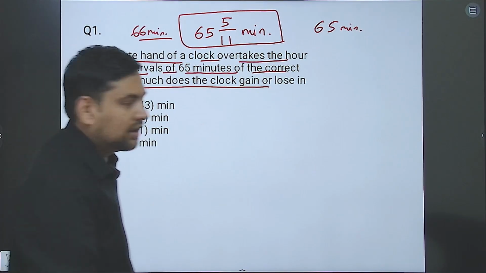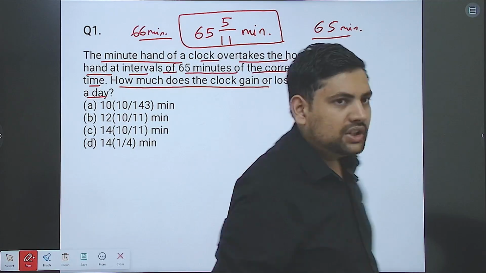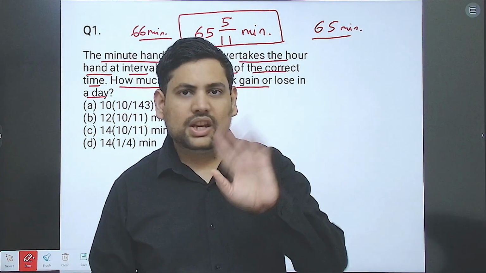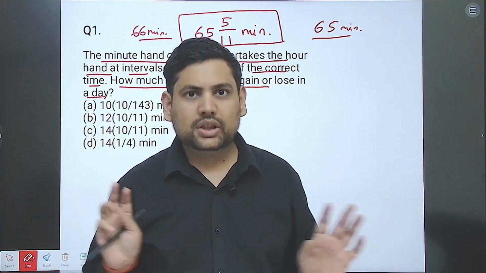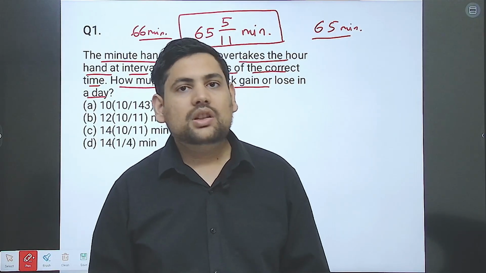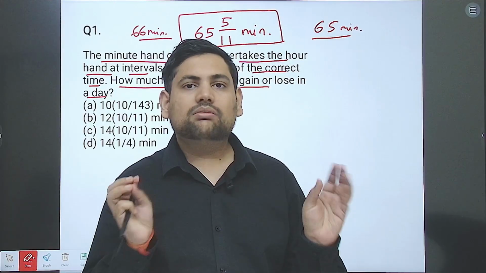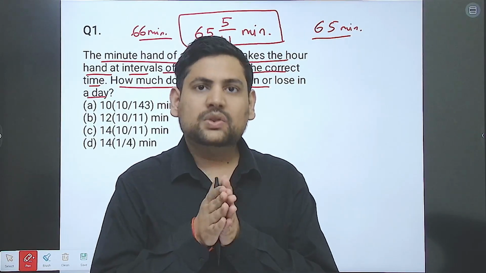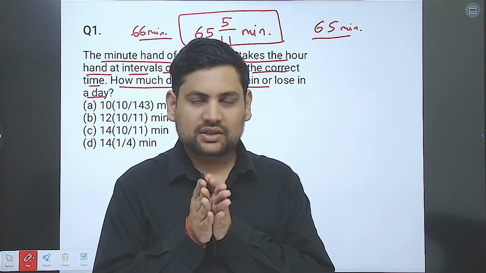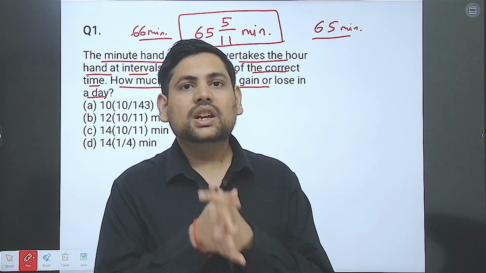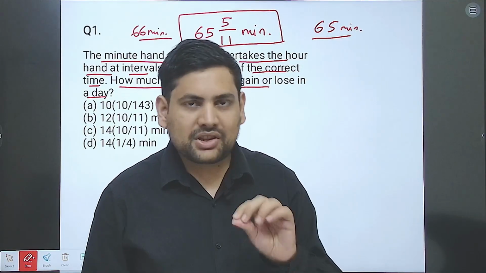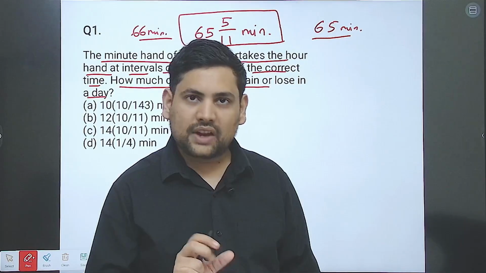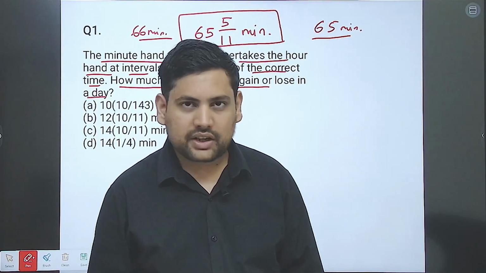Now first thing you need to understand: just take two people, Ram and Shyam, who wanted to meet each other. Originally they would, let's say, meet in 2 hours. Now if instead of 2 hours they start to meet in 1 hour 55 minutes, that means what? Ram and Shyam are moving slightly faster. That's why they covered the same distance in less time.